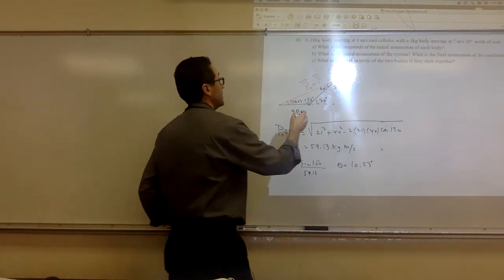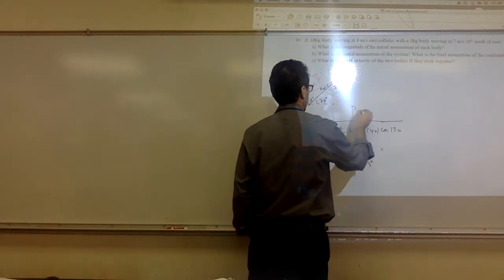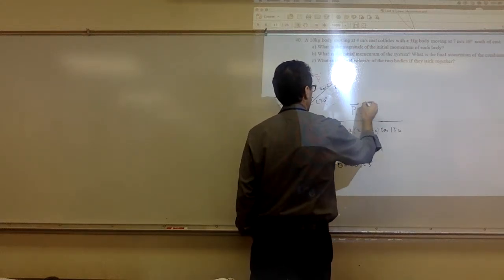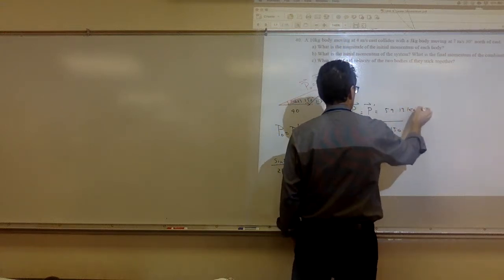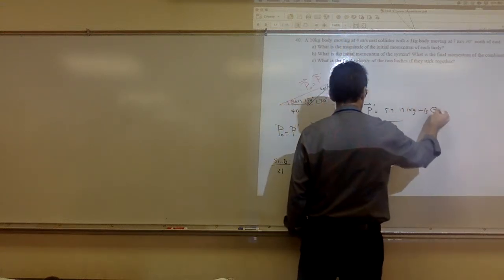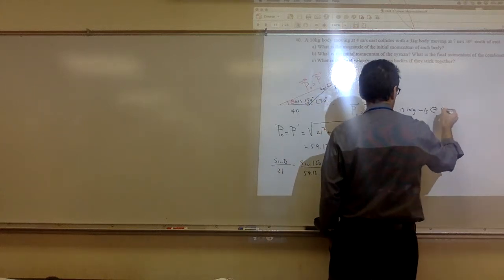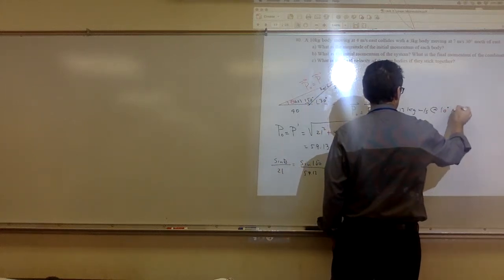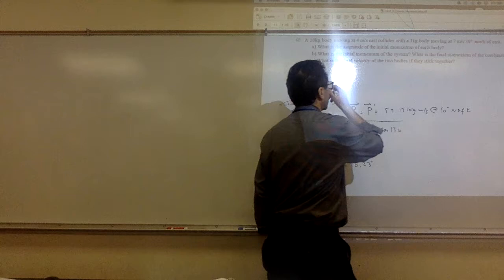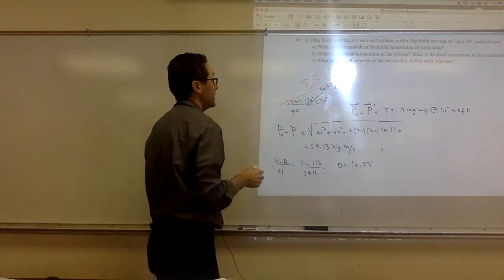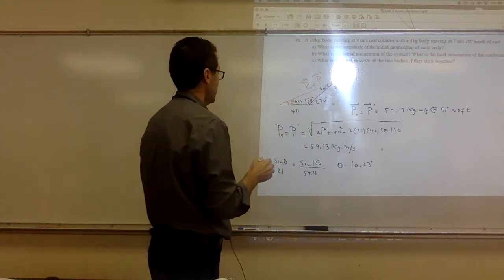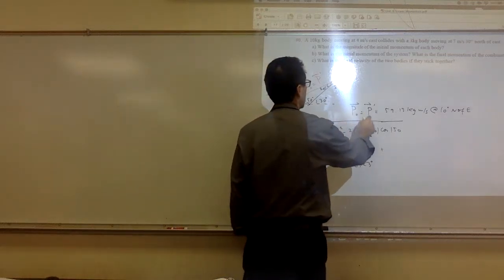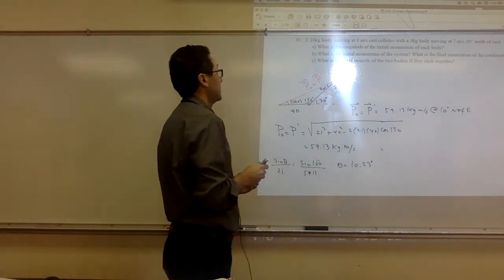Okay, so the initial and the final momenta are going to be 59.13 kilogram meters per second at 10 degrees north of east. And to find the final velocity, the direction is still going to be 10 degrees. So you just take your momentum and divide it by the sum of the masses.